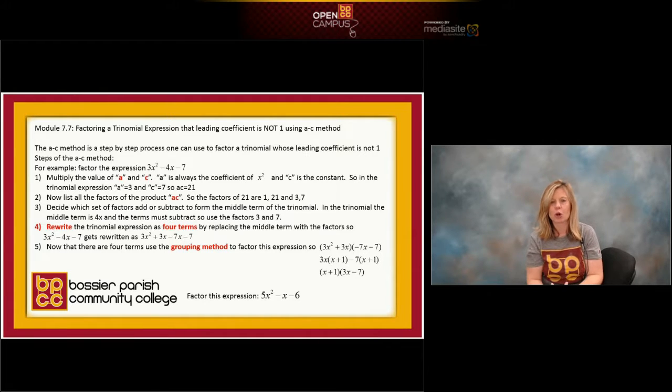With the last 2 terms, negative 7x minus 7, I could divide out a negative 7, the GCF. That will also leave me with x plus 1. I know I did grouping correctly because what's inside the parentheses, the x plus 1, is the same, but I'm not done. I write what's the same, x plus 1, in a set of parentheses, and then I put what's left, 3x minus 7, in the other parentheses.